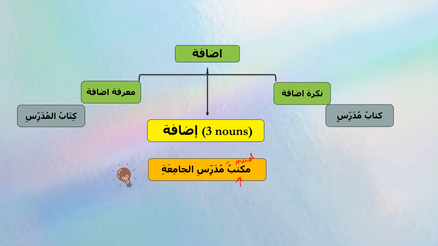And you check the haraka over it. The second and the third, this is the mudaf ilayhi. And the one in between plays mudaf ilayhi plus the mudaf. Both. Mudarris plays the two roles, mudaf ilayhi and the mudaf. So these two nouns will be majroor with kasra.